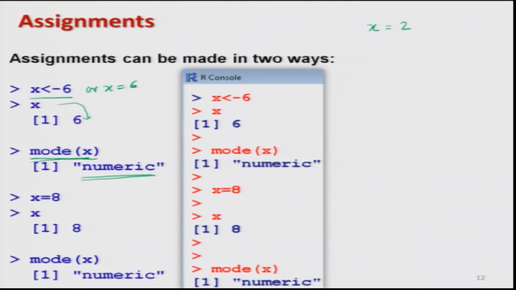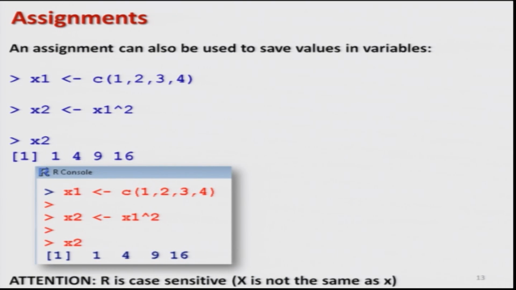So, let us now come back to our slides. Similarly, I can operate this over a vector quantity also, right. Suppose I define a vector x1 which combines 4 values 1, 2, 3 and 4, and then I define another value x2 which is x1 square, so I write x1 ^ 2.